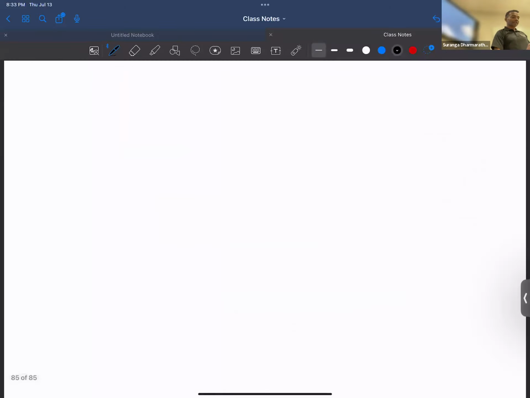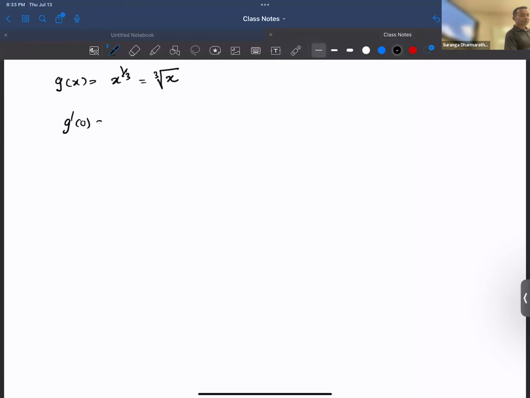And there's another special case. I'll take that one as well. g of x is equal to x to the power 1/3, which is also the cubic root of x. Now I will try to find g prime of 0. g prime of 0 is equal to what? The limit as h goes to 0 of f of 0 plus h minus f of 0, divided by h.